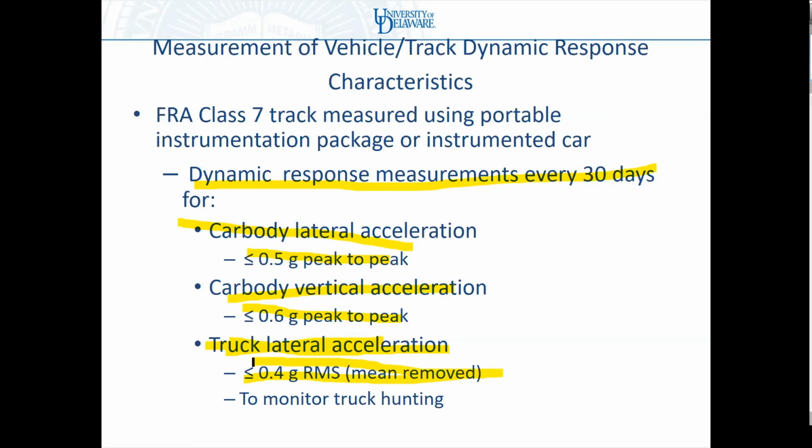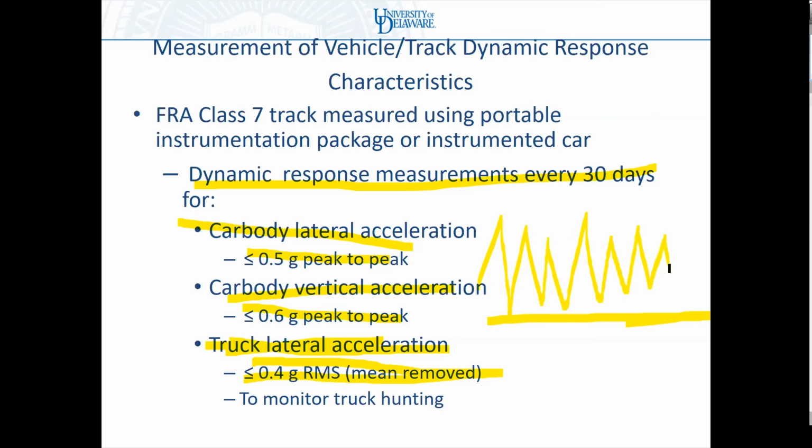Root mean square basically squares the peaks, then takes the square root after you remove the mean. If your signature looks like this, your mean is this. You have to mathematically remove the mean, calculate your RMS, and then it has to be less than 0.4 G.